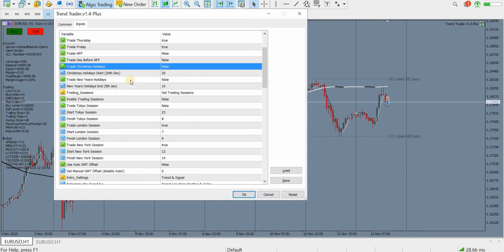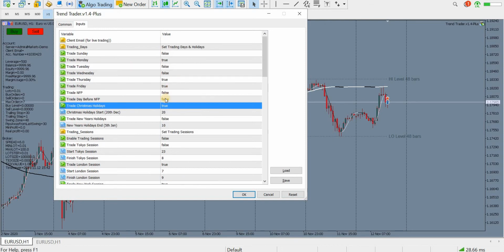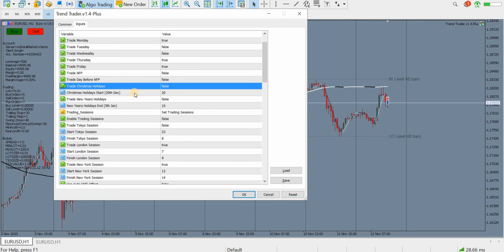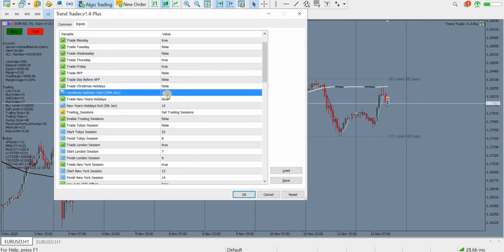And also disable holidays. When we're talking about Forex, we basically mean Christmas and New Year holidays. If you set this to true, that means that you will trade Christmas holidays. If you set it to false, that means you don't want to trade from the beginning of the holiday, 20th December. Change this date to whatever date you want.